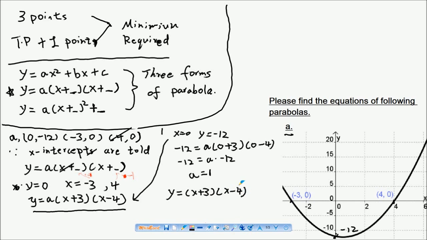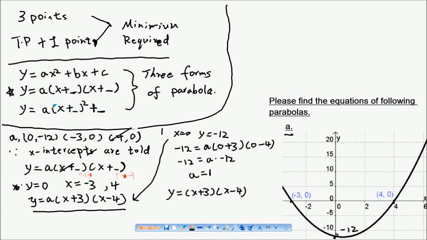It's very simple to do. The first thing we have to do is determine which formula to use here. If we are given the x-intercepts, we can just use this formula.